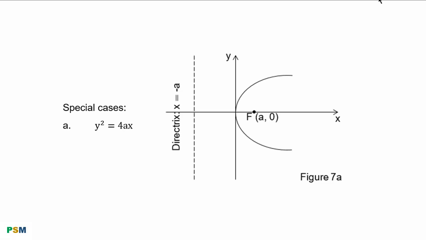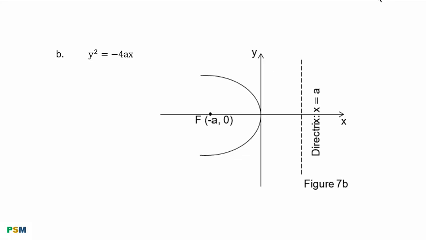Special cases of the parabola. The first one is y square equal to 4ax. This case implies that the focus is on the positive side of the x-axis. The second case is y square equal to minus 4ax.